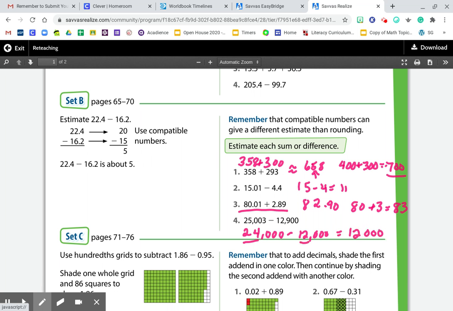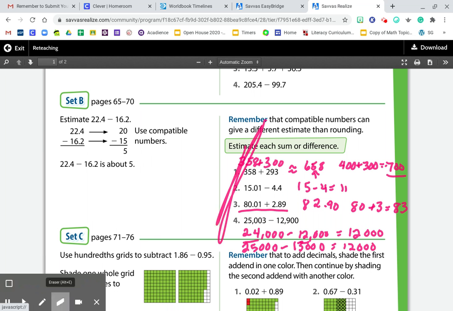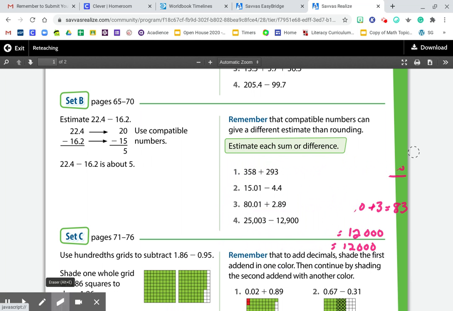You could leave 25,000 as 25,000 and subtract 13,000. If you know that 25 minus 13 is 12, you can do it that way. Just want to get close to the actual answer and make sure you're doing the right sign. Make sure you're using subtraction or addition.